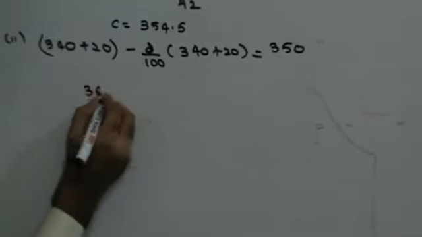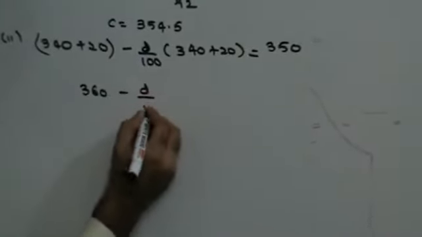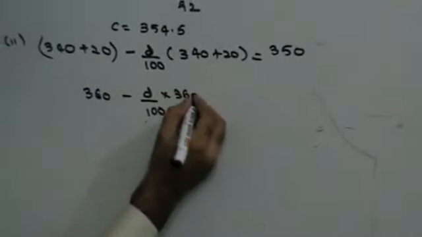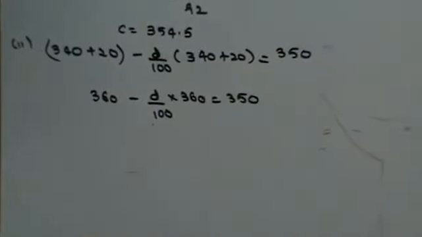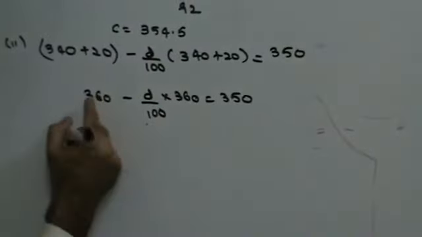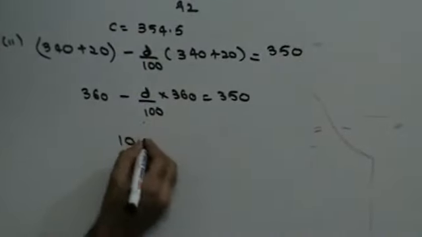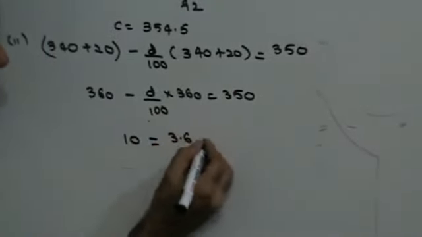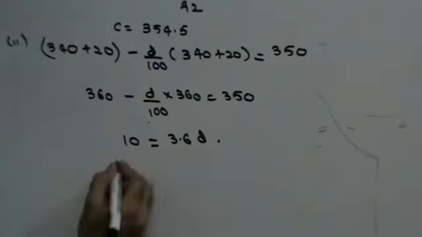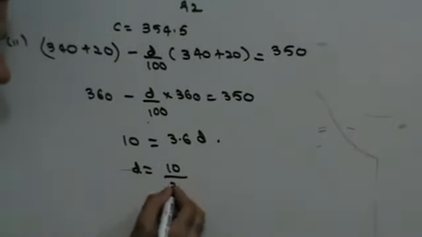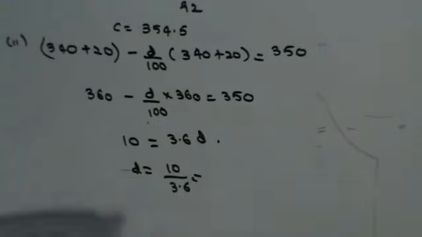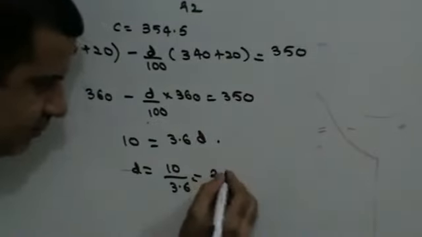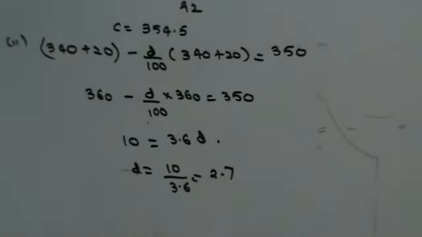So this is 360 minus d% of 360 will give you 350. Shift sides. So this will be 360 minus 350, 10 is equal to 360 upon 100, 3.6 d. So therefore d will be 10 upon 3.6, which is going to be approximately 2.7. So 2.7% of water was removed on Wednesday during the day.